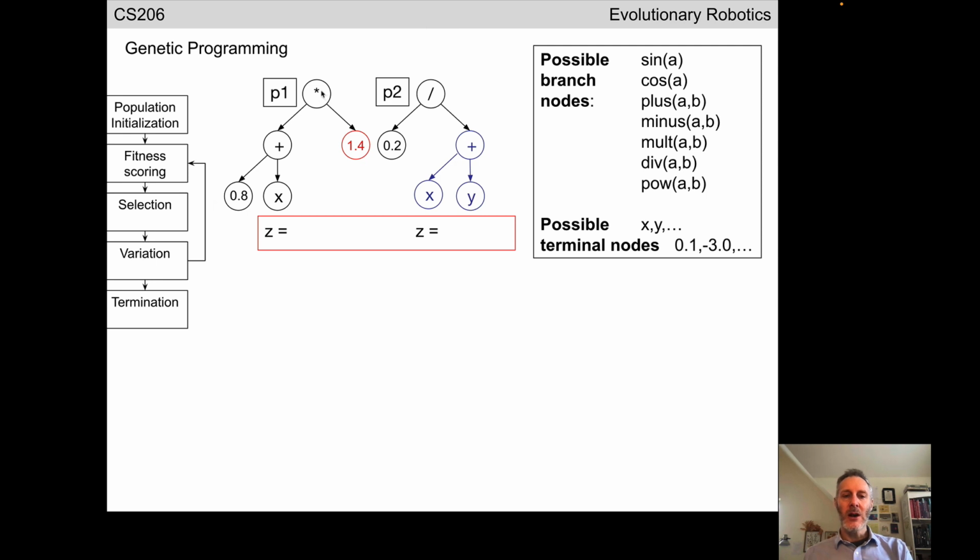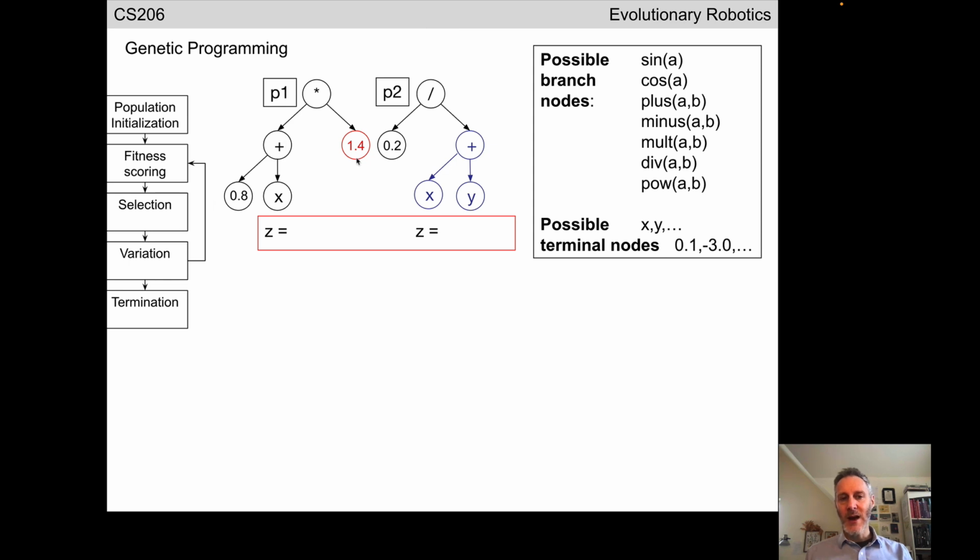Okay, so we start with P1 by putting all of these operations and operands into a bag. We shake up that bag, we reach into the bag, and we pull something out at random. In this example here, we pull out multiplication. So we stick that as the root of our tree here. Multiplication requires two arguments, two things that we want to multiply together.